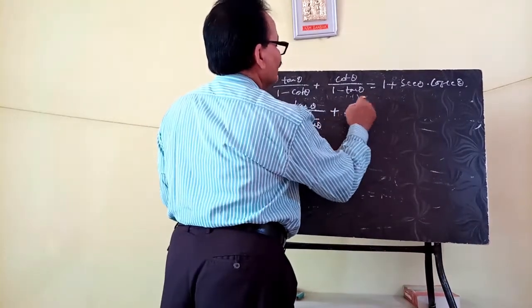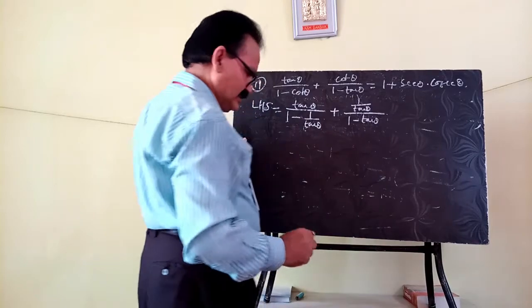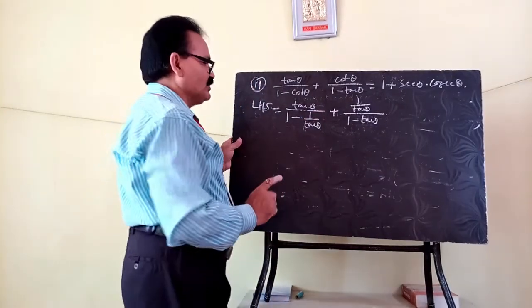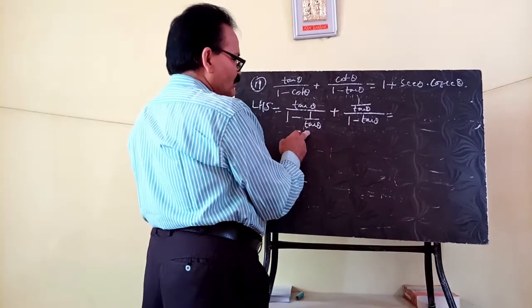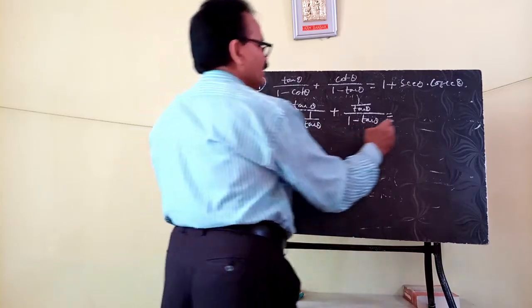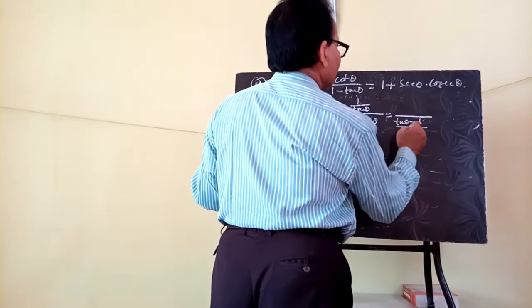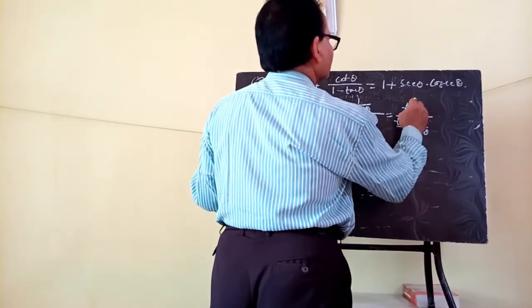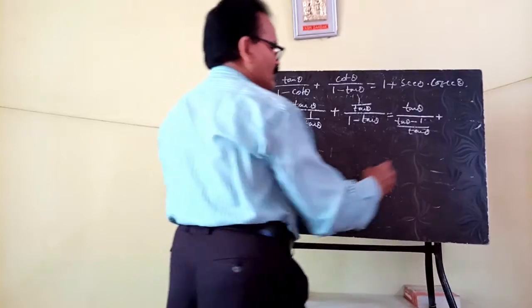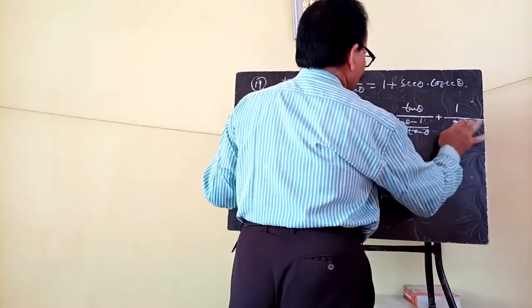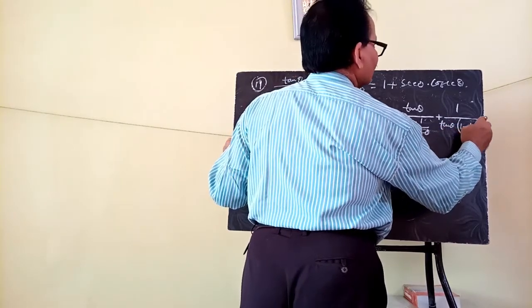So this is your 1 by tan theta and 1 minus tan theta. So you have changed cot theta in terms of tan theta. After changing, you will see that tan theta will be the LCM of the denominator, and finally here it is tan theta minus 1 by tan theta, and in the numerator it is tan theta, and plus here the denominator of the numerator becomes the denominator, so only 1 will be in the numerator and tan theta in the denominator, then again under bracket 1 minus tan theta.